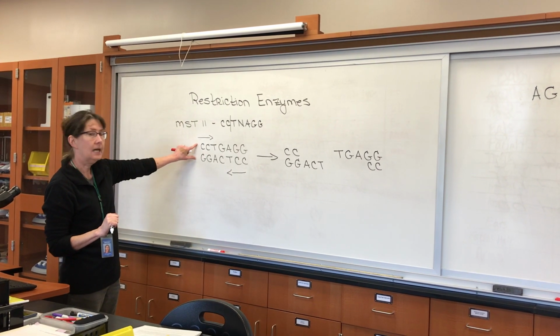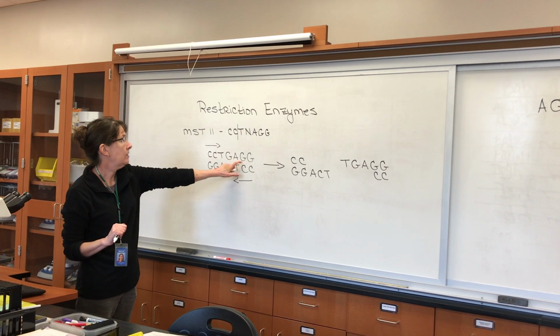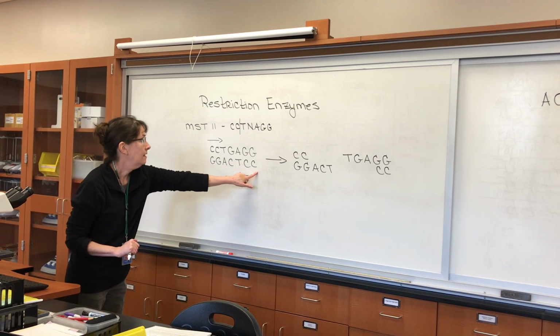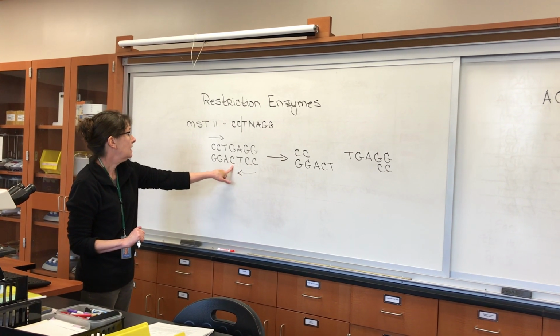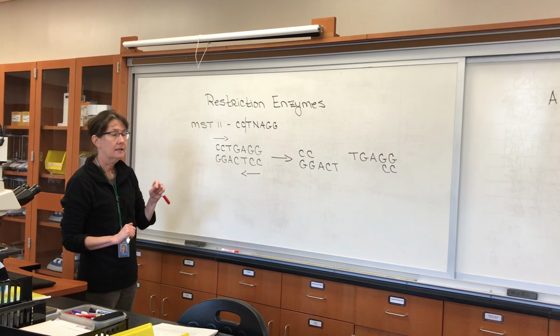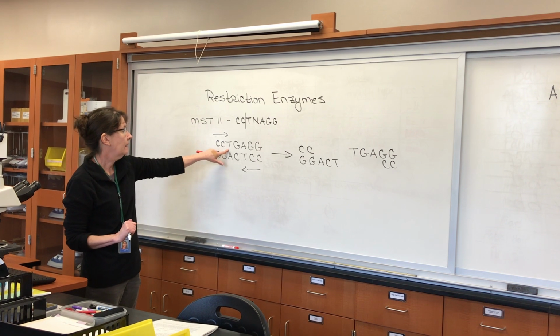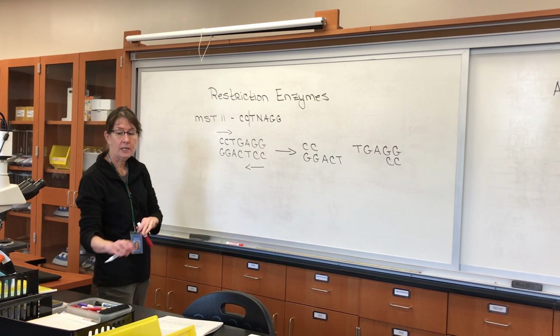So here's our DNA molecule. CCT, G, AGG. And our bottom strand, read from right to left, is CCT, C, AGG. Now we're looking for this sequence, CCT, followed by any nucleotide, and then AGG.